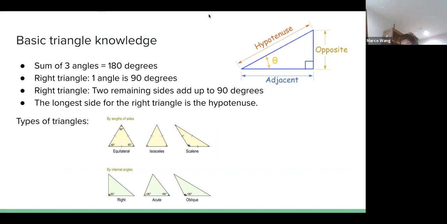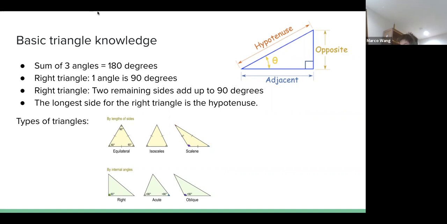There are types of triangles, and you can classify them by length of sides or by internal angles. An equilateral triangle has all sides equal, which also means all the angles are equal. An isosceles triangle has two congruent sides, which also means two congruent angles.